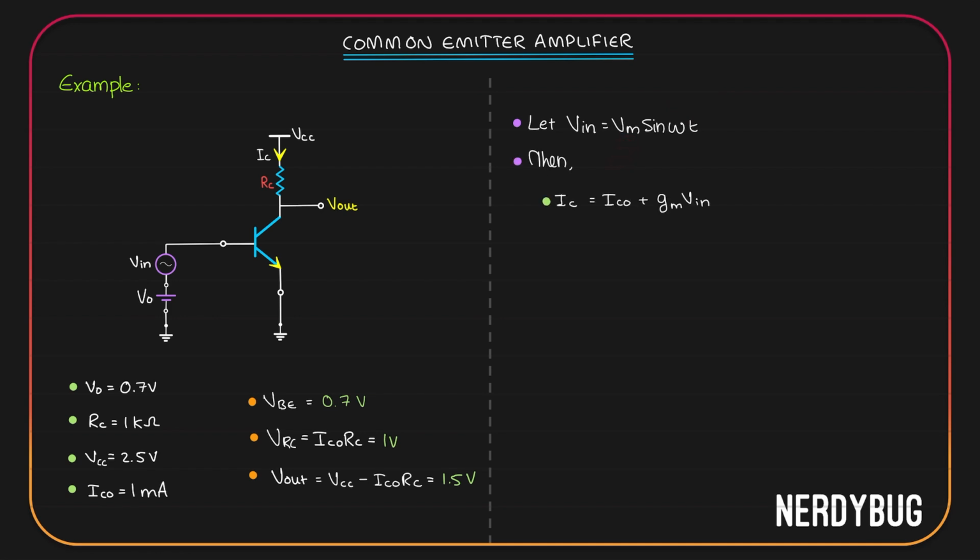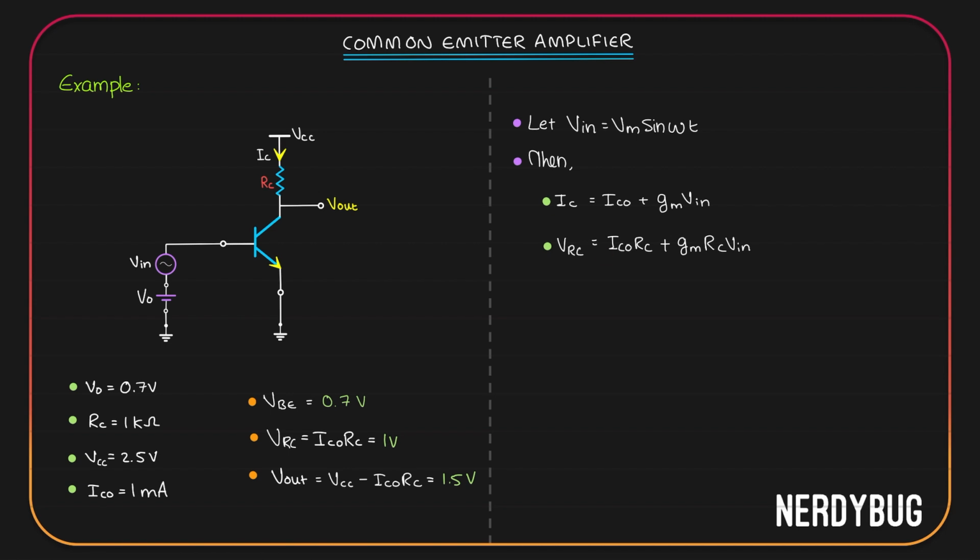Then, if I want the collector current, I know it is IC naught plus gm V input. I already know the value of IC naught, it is 1 milliampere. In that case, the potential across RC, VRC, is going to be IC naught RC plus gm RC V input. Basically, total IC multiplied by a resistance RC according to Ohm's law.